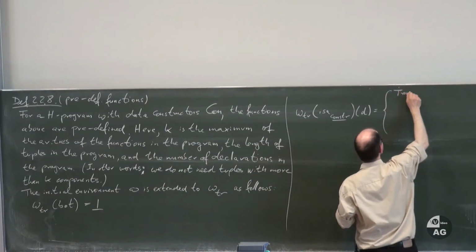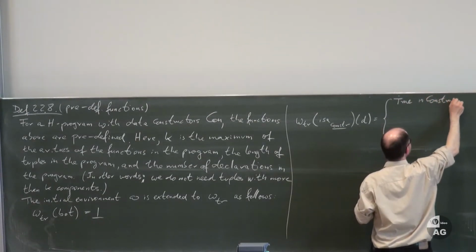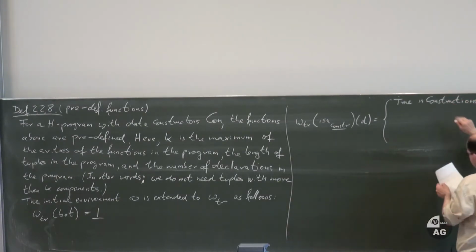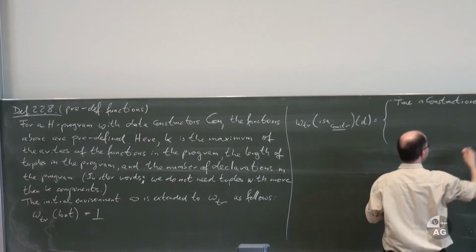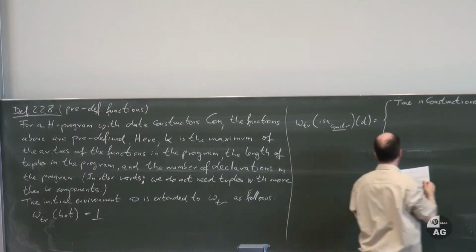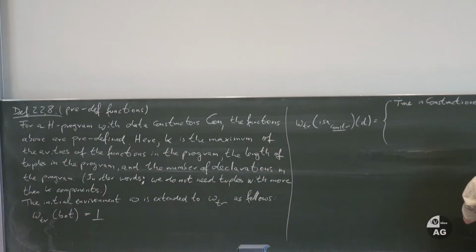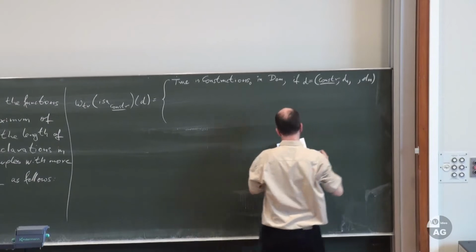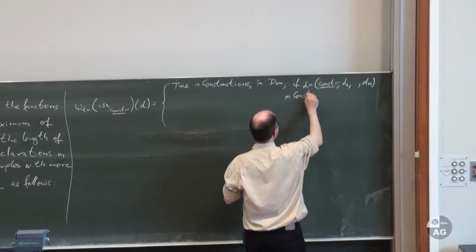So this function returns true, the version of true which is labeled by the set that it comes from, constructions 0 in DOM, if this D really starts with this constructor. So if D starts with this constructor, constr, applied to certain arguments, D1 to Dn, in constructions N in DOM.